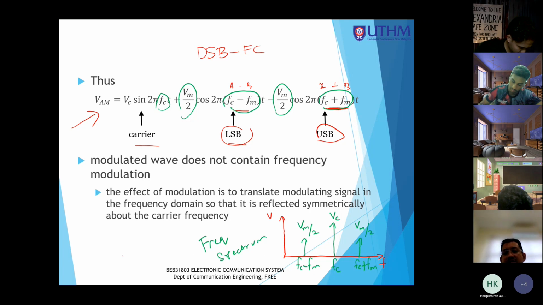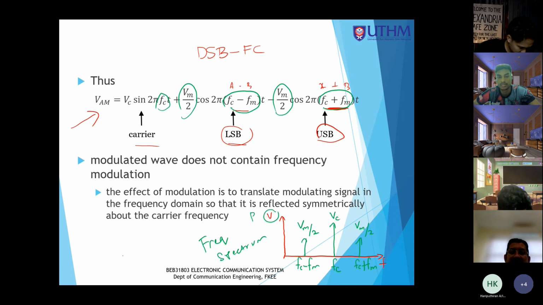Frequency spectrum kita kena lukis contohnya V versus F untuk voltage. Boleh juga selain daripada V, kita boleh buat dalam sebutan power spectrum. Kalau P versus F kita panggil power spectrum.